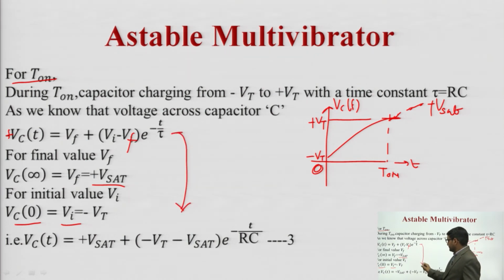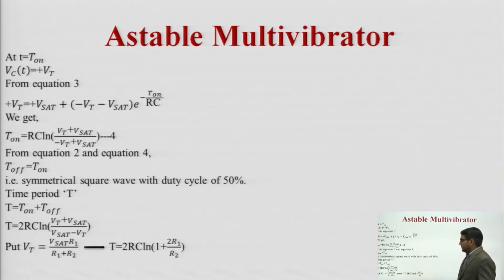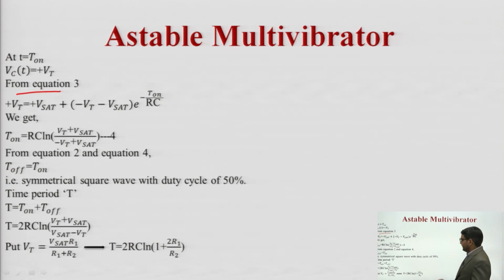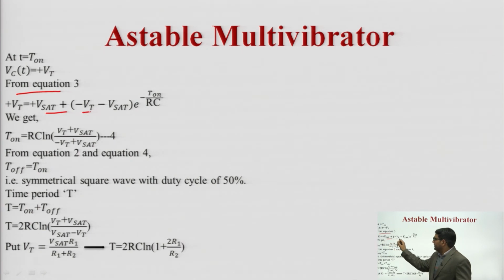From equation 3 at t equal to t on, Vct equal to plus Vt, so plus Vt equal to plus Vset minus (Vt plus Vset) e to the power minus t on by Rc. So t on equals Rc ln of (Vt plus Vset) divided by (Vset minus Vt).